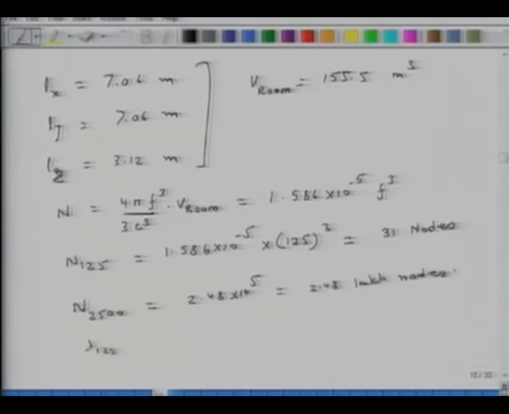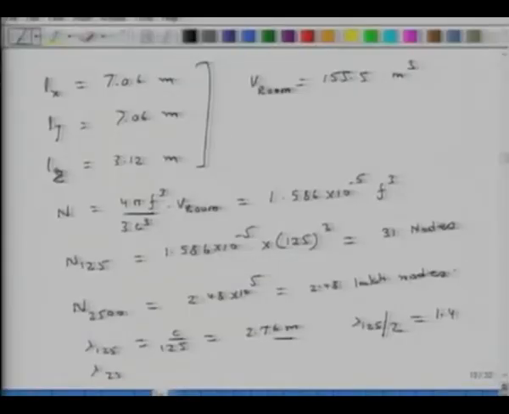Lambda at 125 hertz, c over 125, is 2.76 meters, right? So lambda at 125 hertz divided by 2 is 1.4. This is the spacing of modes in an approximate sense, because it also has to depend on theta, which we are not talking about here.